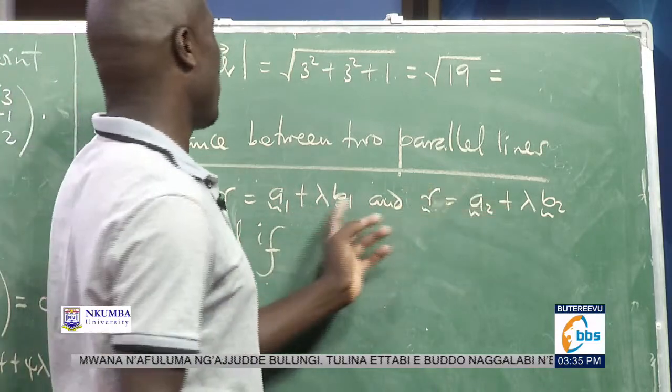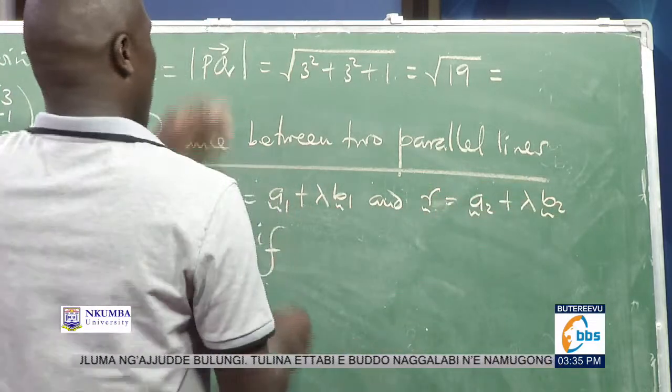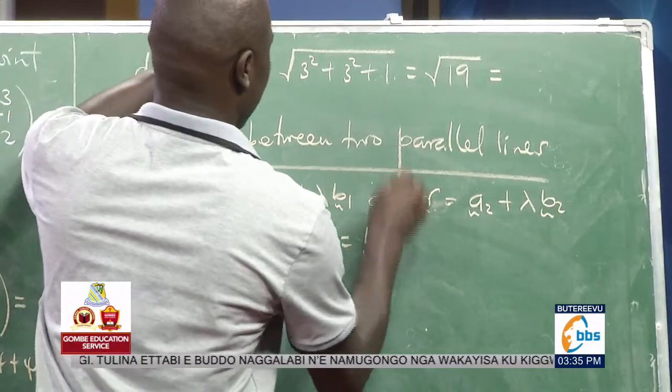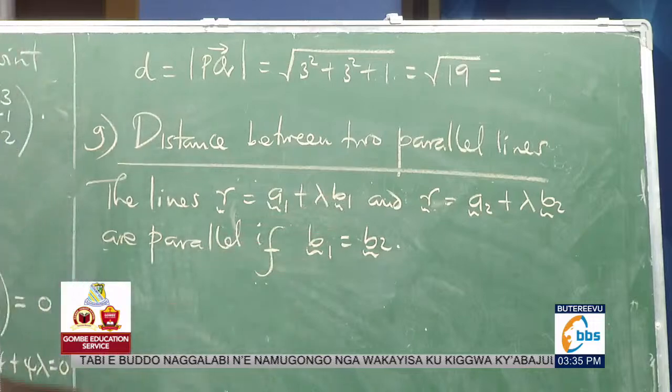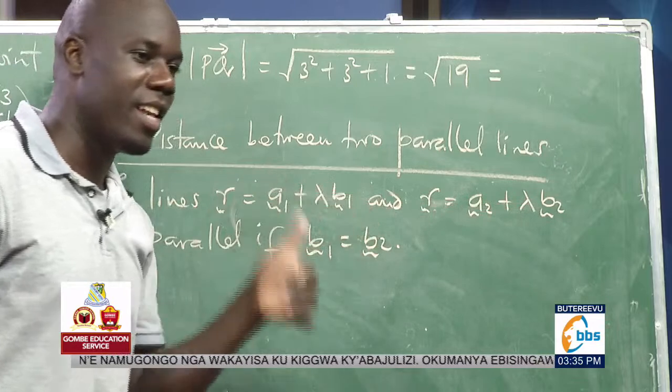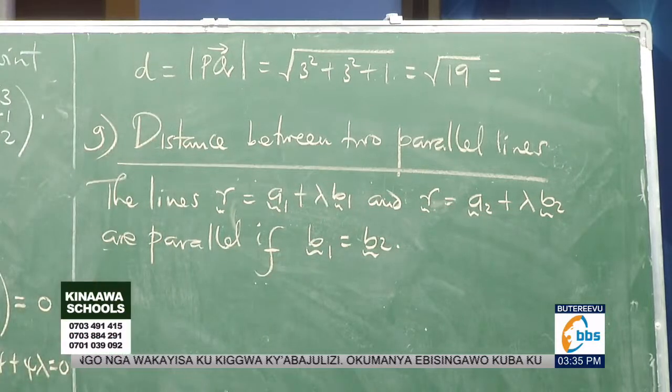You could say b1 is equal to b2, but the more general thing is that b1 and b2 are parallel. The moment their directions are parallel, then the lines are parallel.